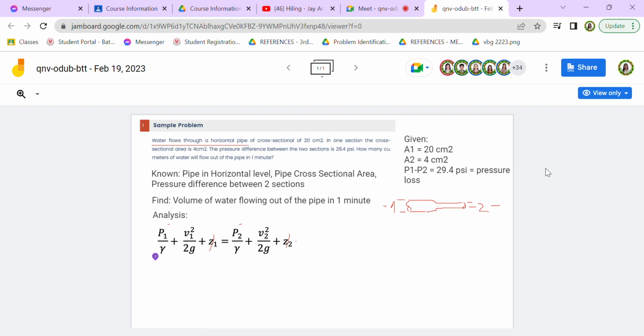In incompressible fluid, it states that the volumetric flow rate at point 1 is equivalent to volumetric flow rate at point 2. Q1 is equal to Q2. Where Q1 is equivalent to area at point 1 multiplied by the velocity at point 1 and is equivalent to area of point 2 multiplied by velocity of point 2.